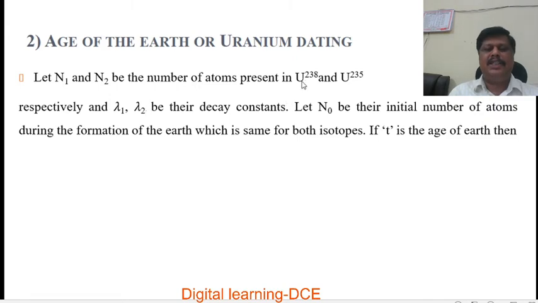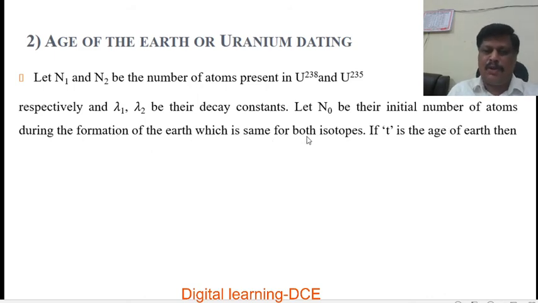Lambda 1 is the decay constant of uranium 238 and lambda 2 is the decay constant of uranium 235. Let N naught be their initial number of atoms during the formation of the Earth, which is same for both isotopes.